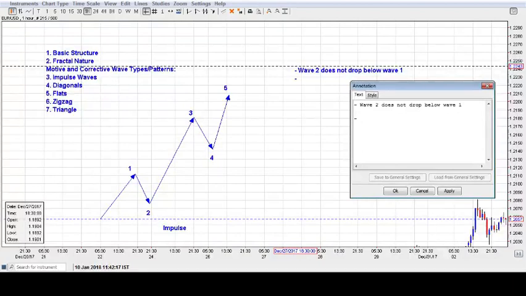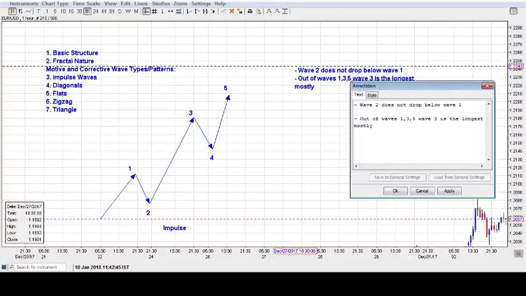The second identification is that out of waves 1, 3 and 5, wave 3 is the longest, mostly.